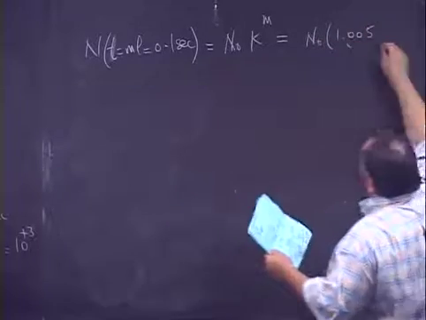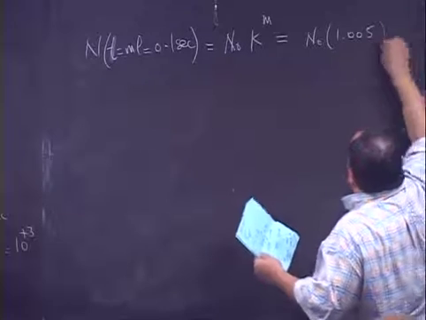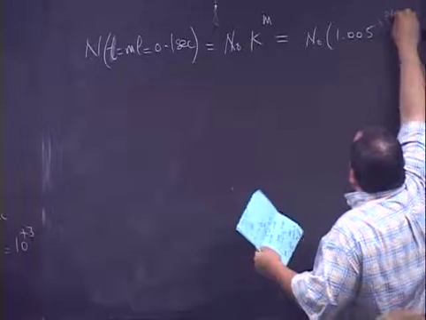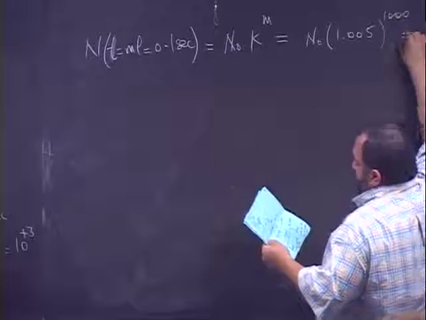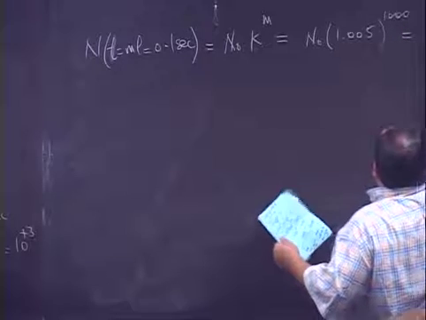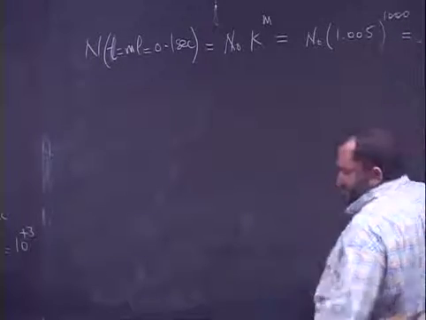This is the new K. Instead of 1, it became 1.005 to the power of 1,000. This will give me 150 N naught.